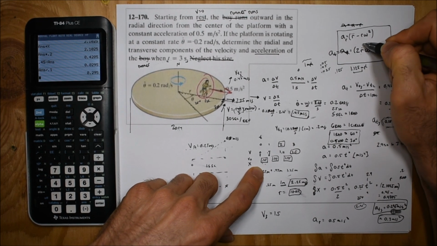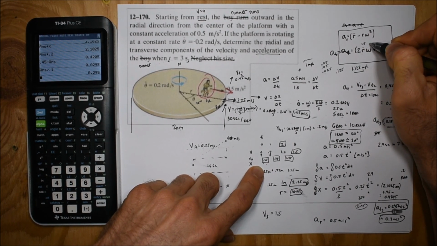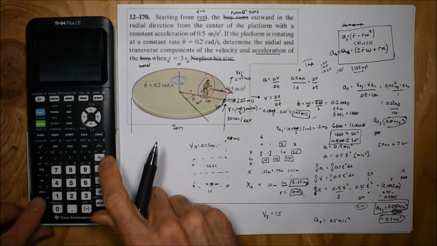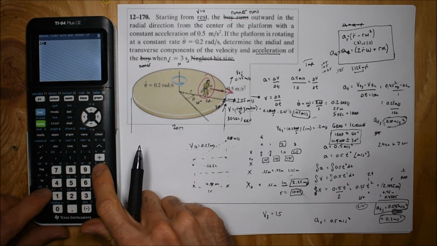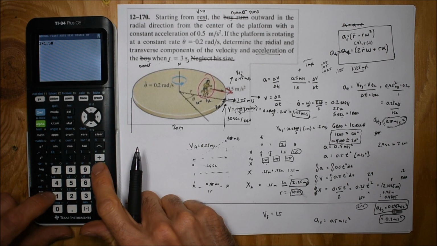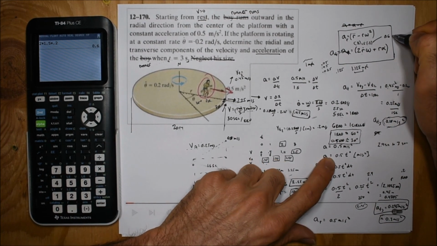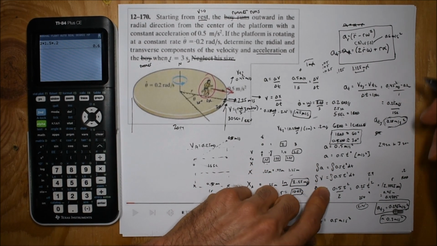So you go 1.5 meters per second times 0.2, and then times 0.2 again. So that's 2 times 1.5 times 0.2, that's 0.6. So that component is 0.6 meters per second squared.